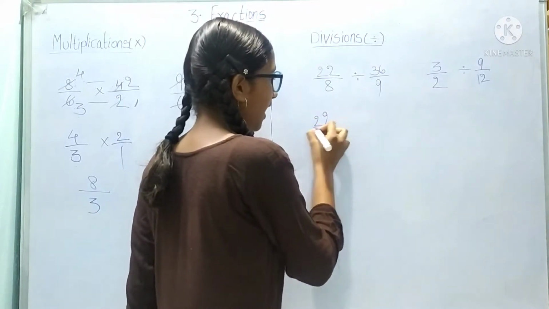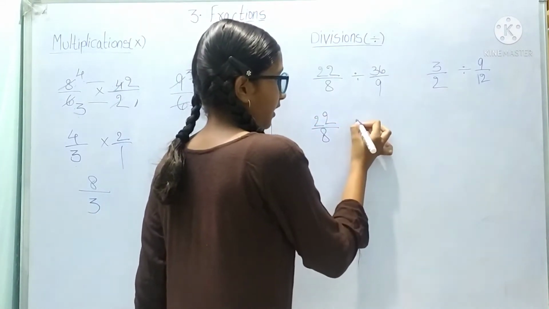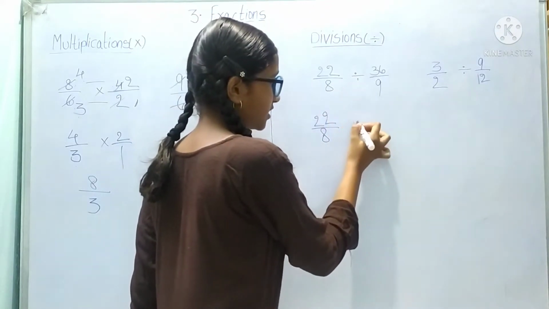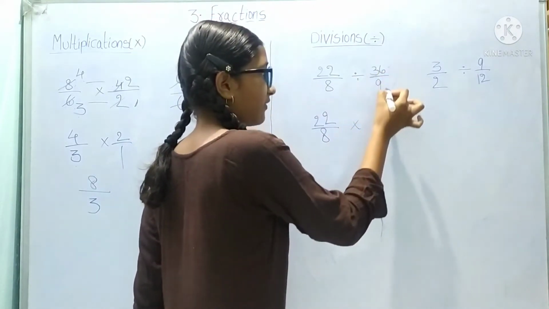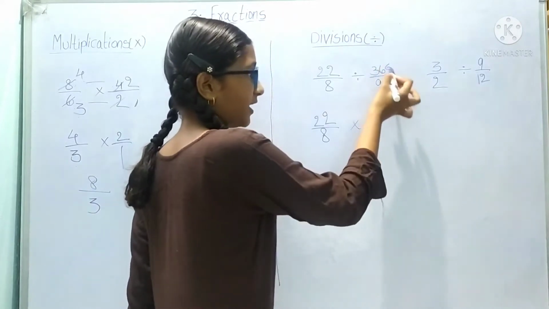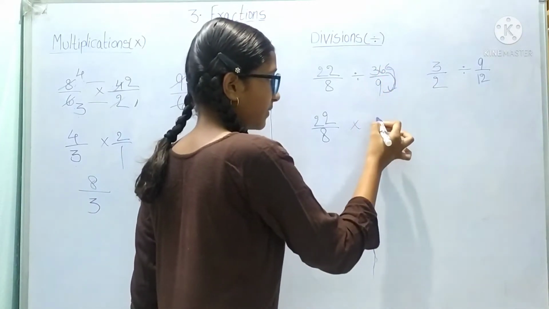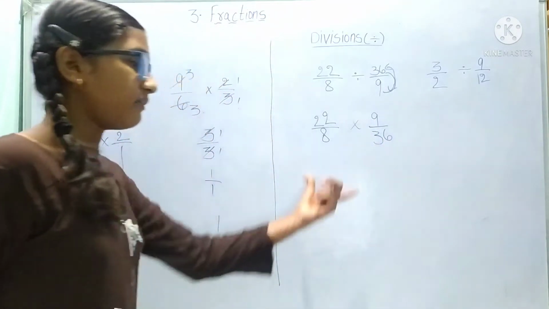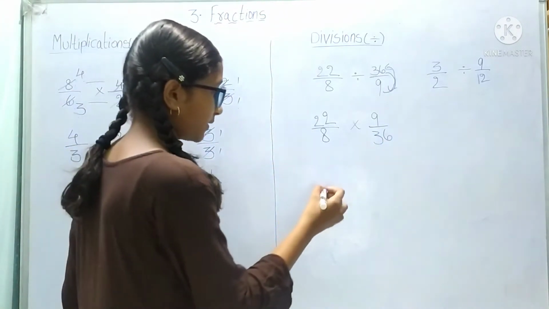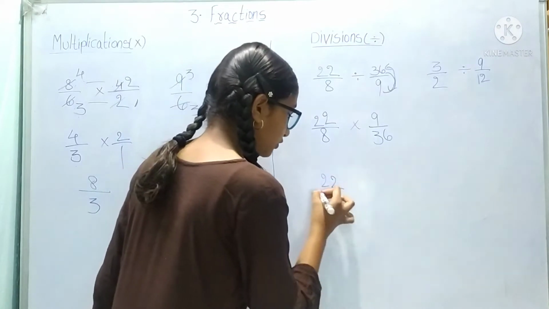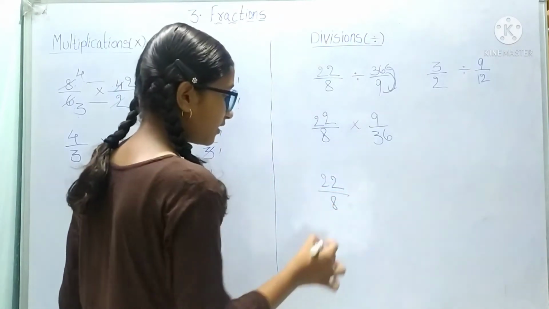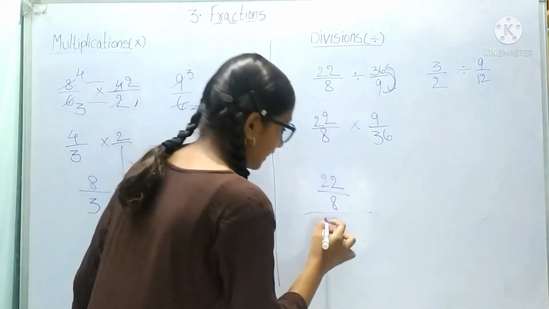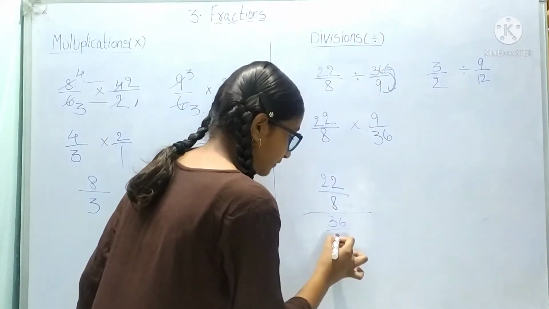So 22 by 8. You have to divide it, we will change it into a multiplication and reverse it, as 9 here and 36 here, means 9 by 36, like this. How does it come? Yes, I will also give the proof. 22 by 8, this whole fraction is divided by 36 by 9.